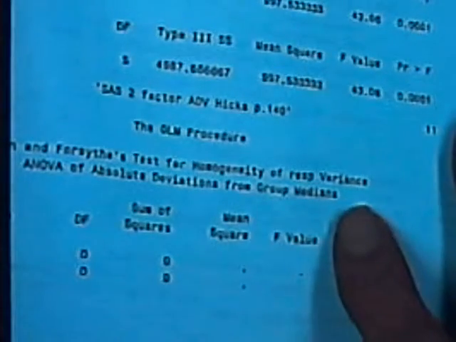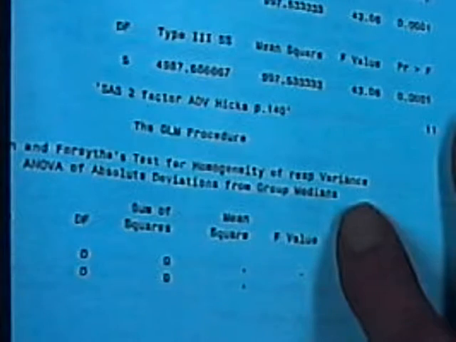If you look at page 6, when it's trying to do the Brown and Forsyth test about homogeneity of variance, notice that it's a bust. You can't do anything. Why? There are two observations in each cell.